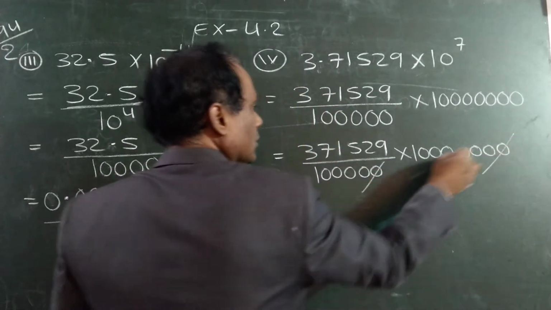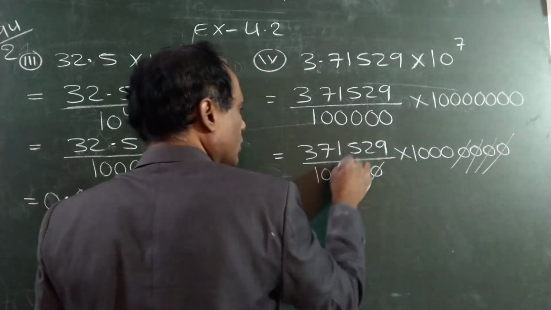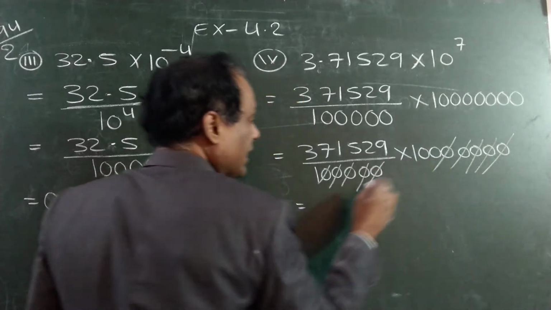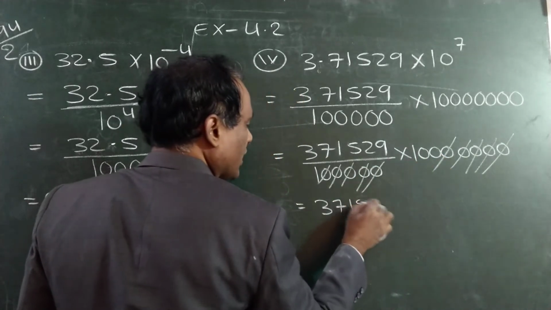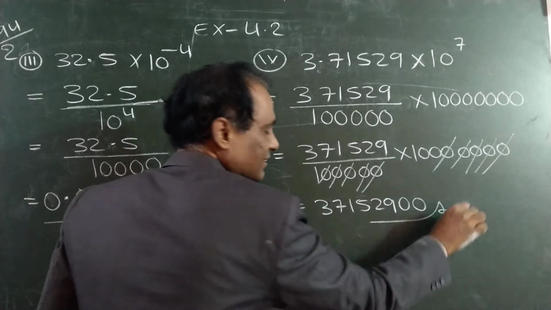One zero, 3 zeros, 4 zeros, 5 zeros cancel. Multiply with 100. 3, 7, 1, 5, 2, 9, 2 zeros. Answer.